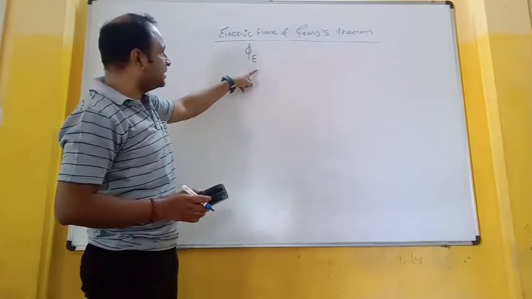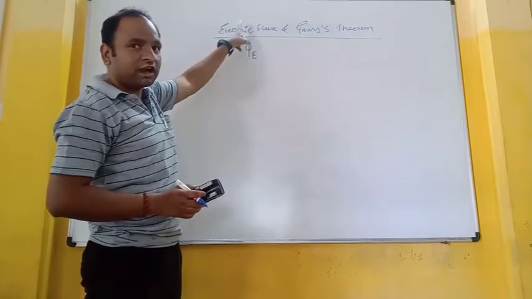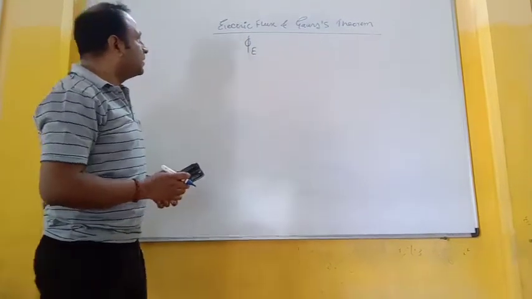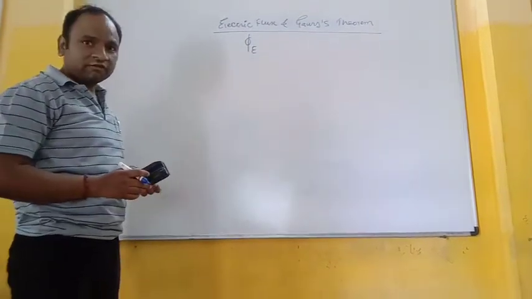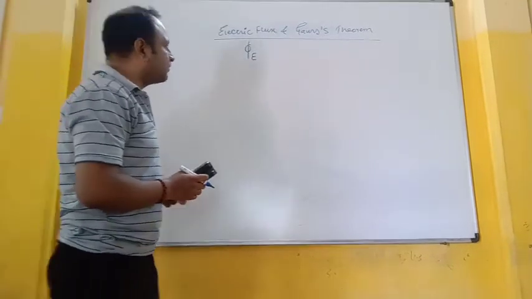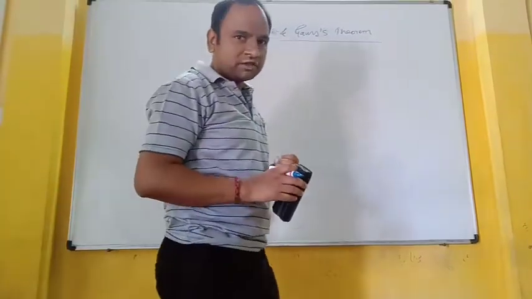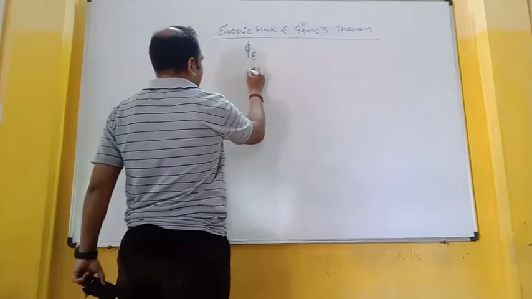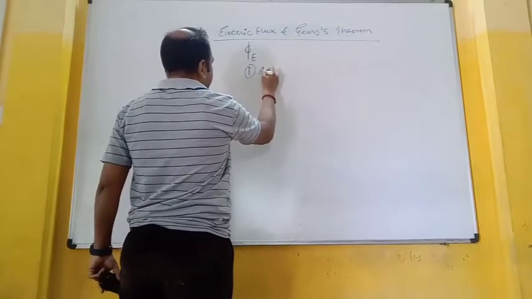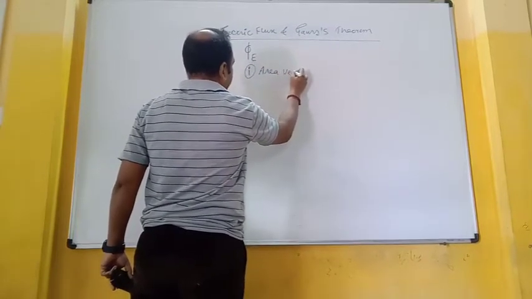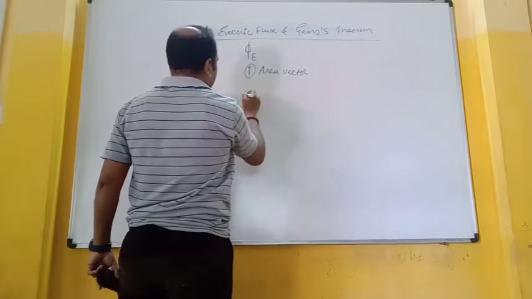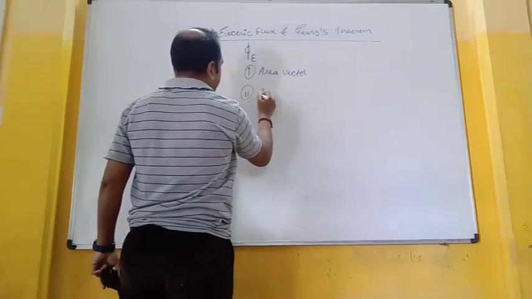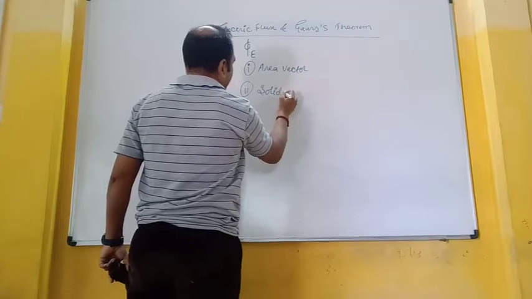So this phi E represents the electric flux. Now, in order to understand the concept of electric flux, I have to define two important terms. Number one, we will define what is called the area vector, and number two, the solid angle.